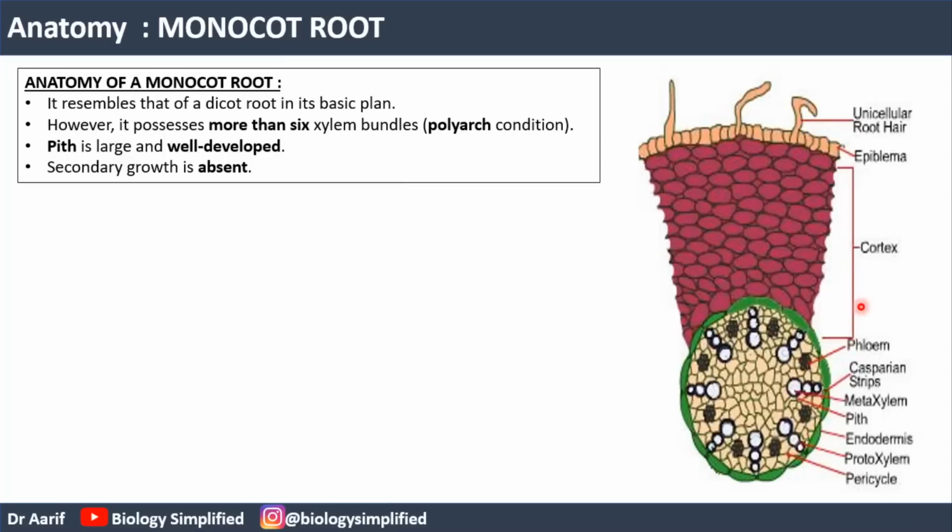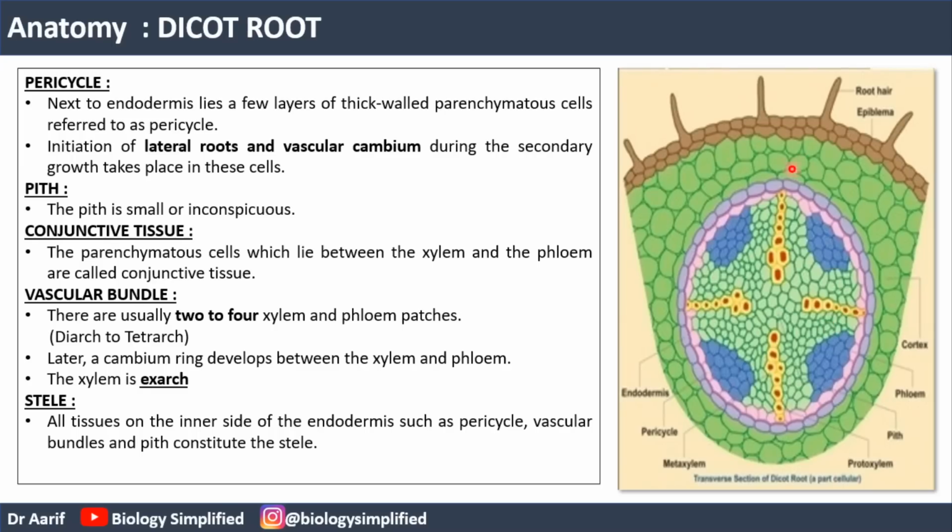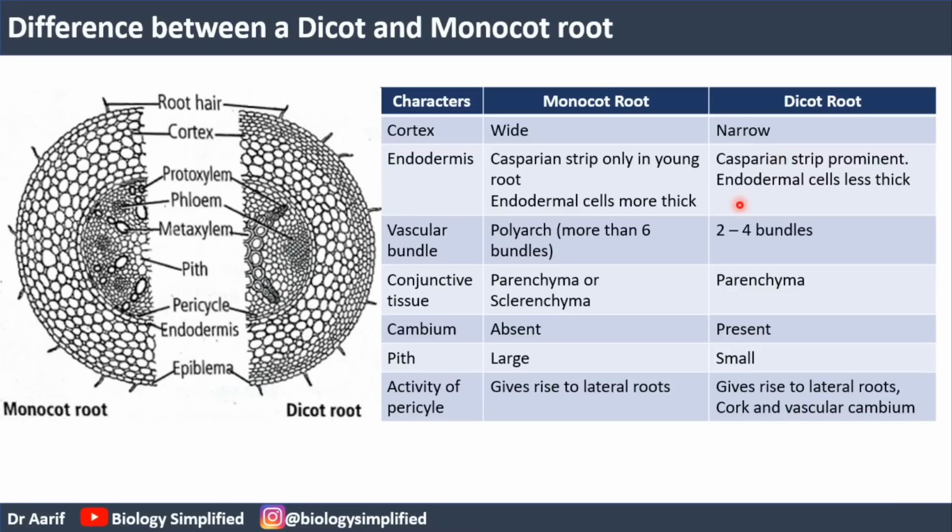Can you see monocot का cortex is very wide, and dicot का cortex comparatively थोड़ा सा कम है, थोड़ा narrow है. Endodermis में monocot में Casparian strip is only in the young root, and dicot में it is very prominent. Vascular bundle polyarch, 2 to 4, we already pointed that. Conjunctive tissue in monocot is either parenchyma or sclerenchyma, whereas dicot में the conjunctive tissue is parenchyma.